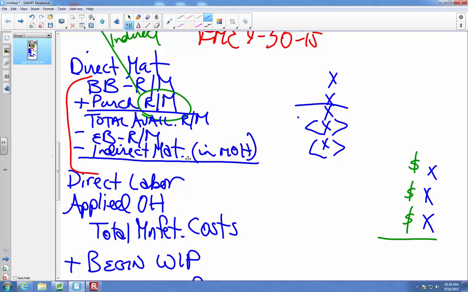Now, we're telling you numbers. Where is your beginning balance raw materials? Oh, sorry, yes. The beginning of the month. Try it together. You're going to do your little mini schedule. How much did you purchase during the month?